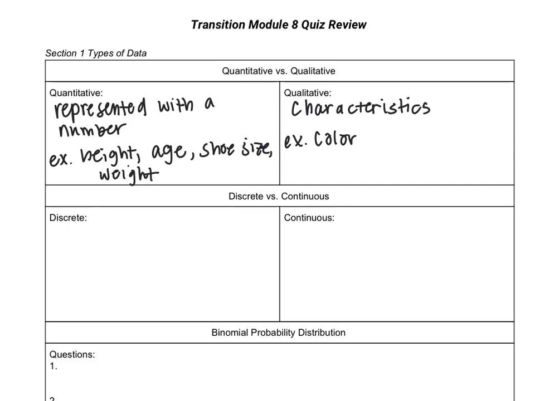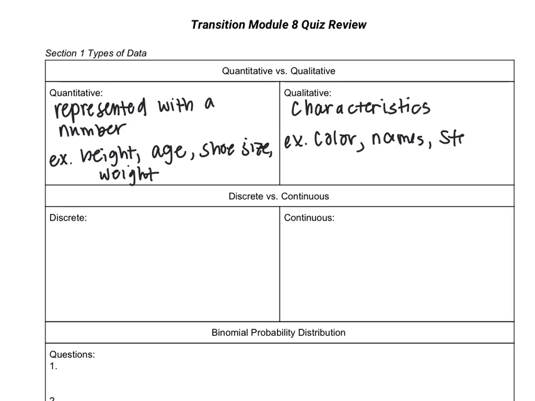Eye color, hair color, car color, anything that has color in it. There's also names, and this is not just people's names, but it can also be names of things, names of brands, names of cars, like, again, anything that has a name to it.